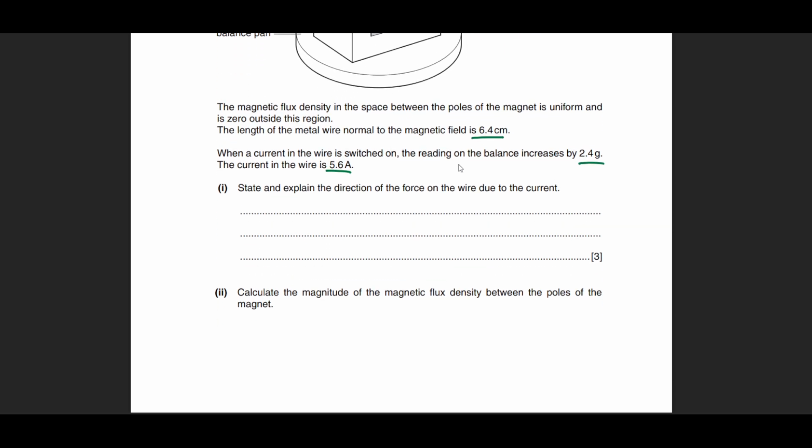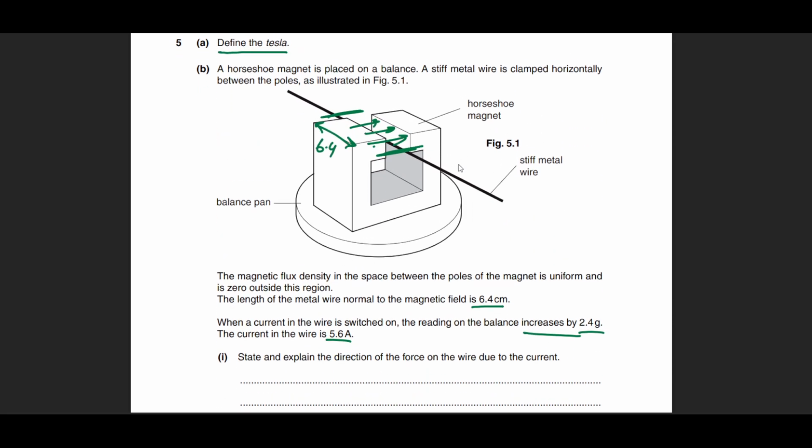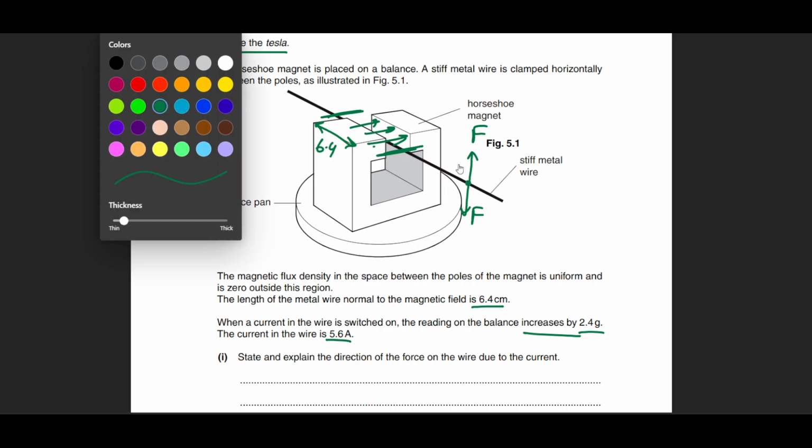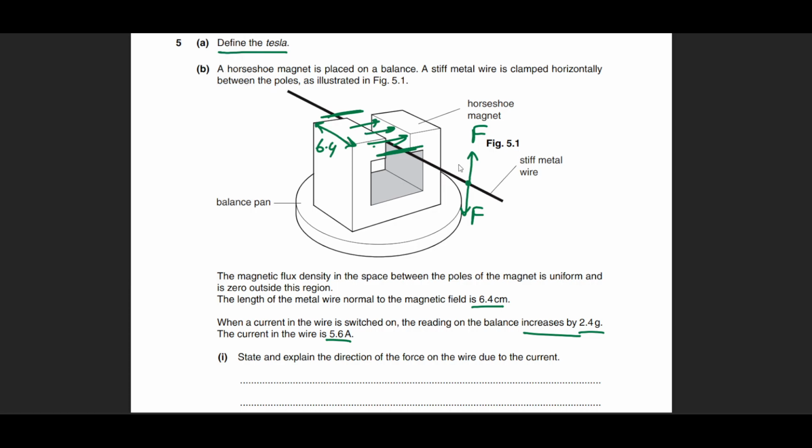He says, explain the direction of force on the wire due to the current. You see, he says that the mass increases by 2.4, which means that the wire must have exerted a force downwards, pushing it downwards. As a result of that, due to Newton's third law, the force on the wire will be outwards.